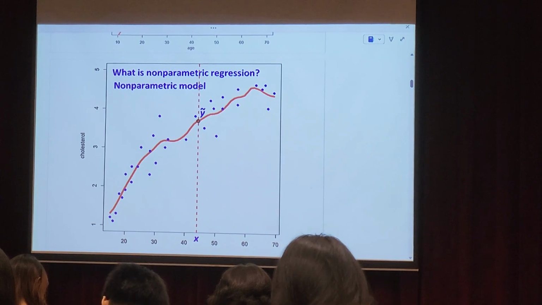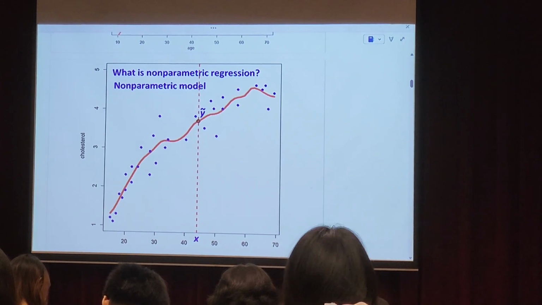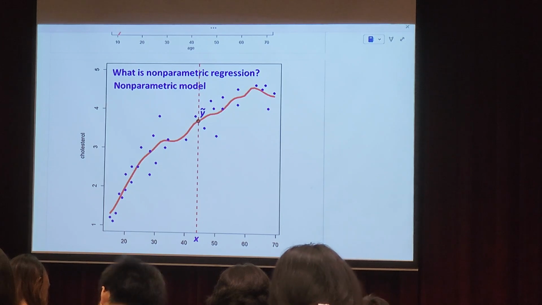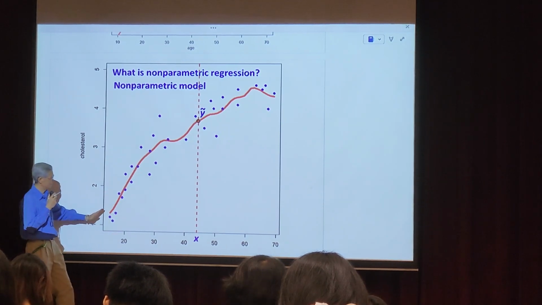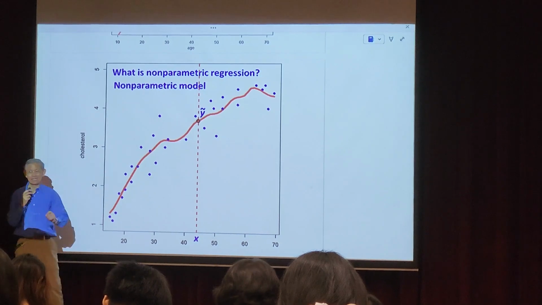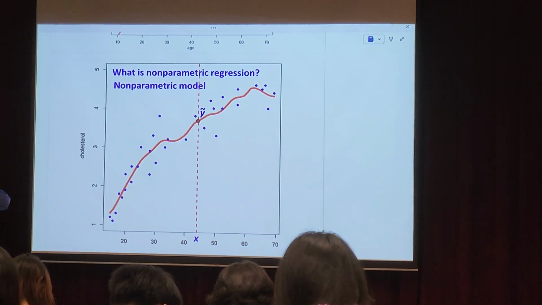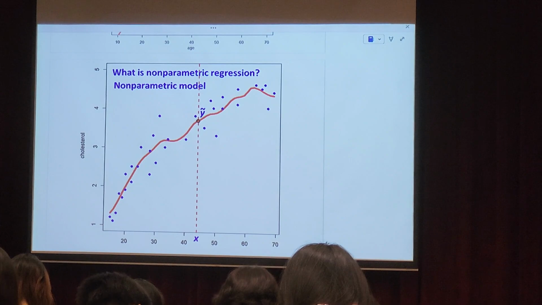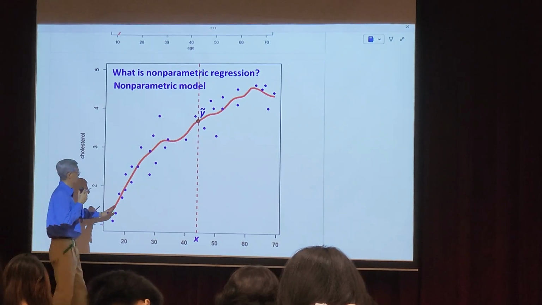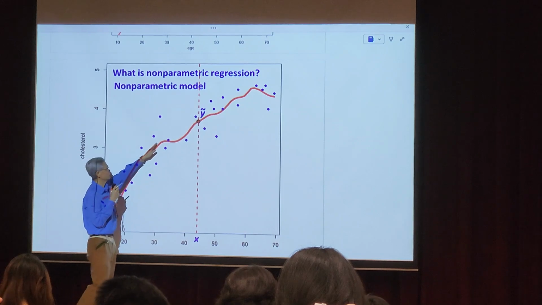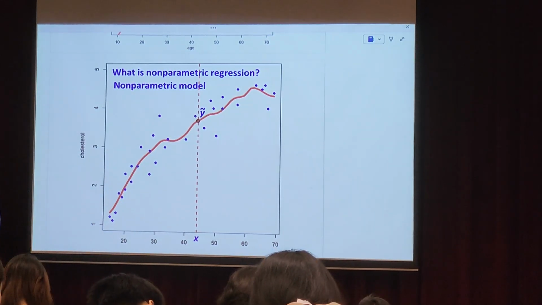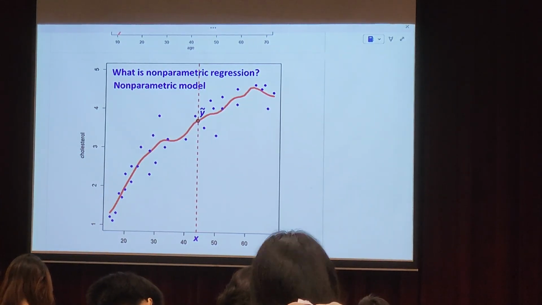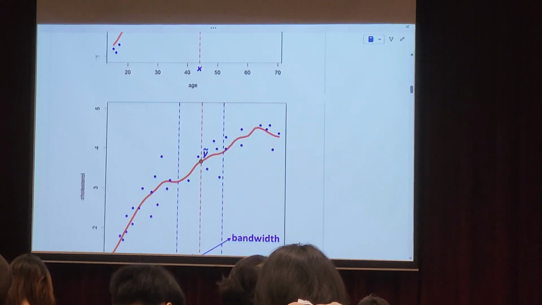So here is an example of a non-parametric model. Again, I'm using the cholesterol age data. You can see it no longer follows any particular parametric model. It just changes with the data. So how do we get this?